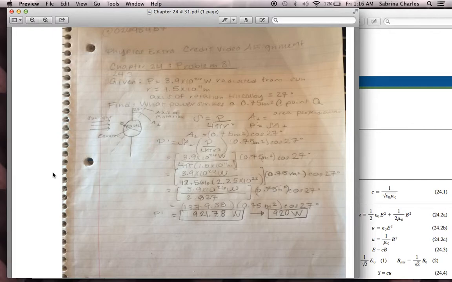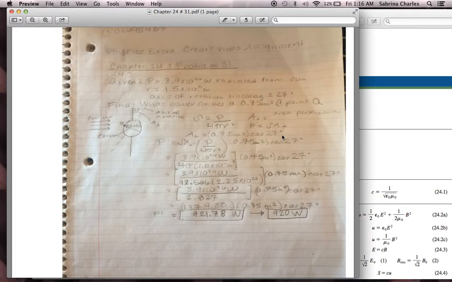What I have denoted here is the area perpendicular, and the power is equal to S times area perpendicular. In order to find this perpendicular area, we take our area times the cosine of the angle.